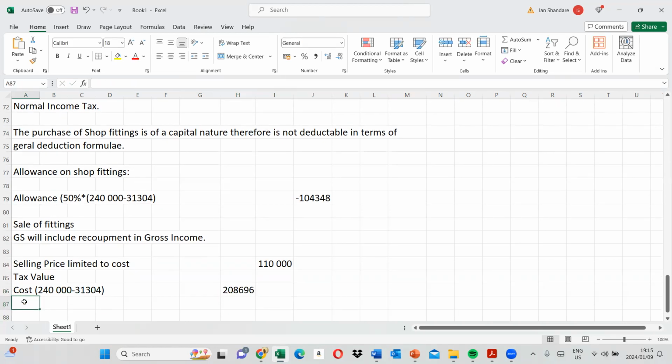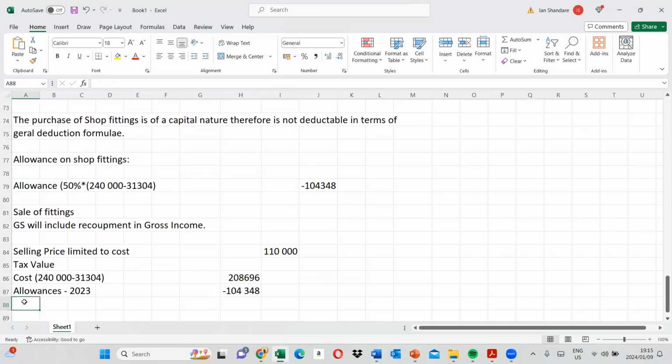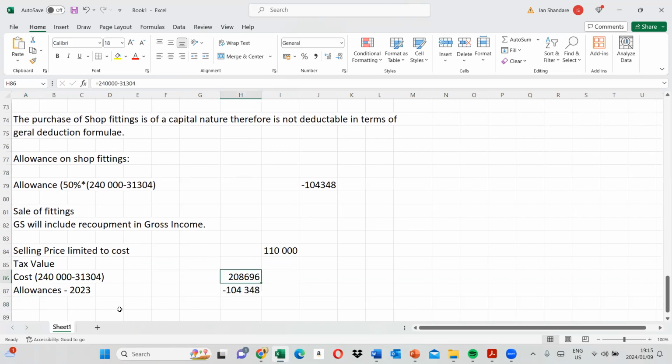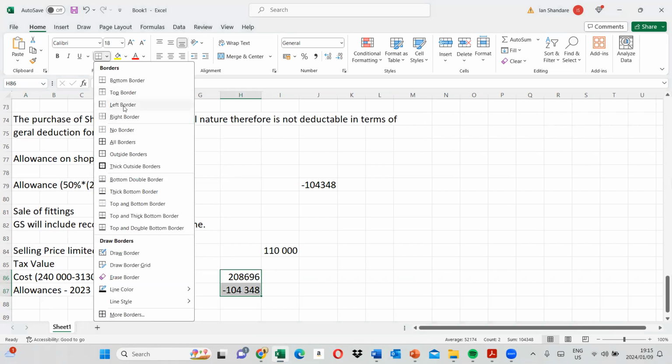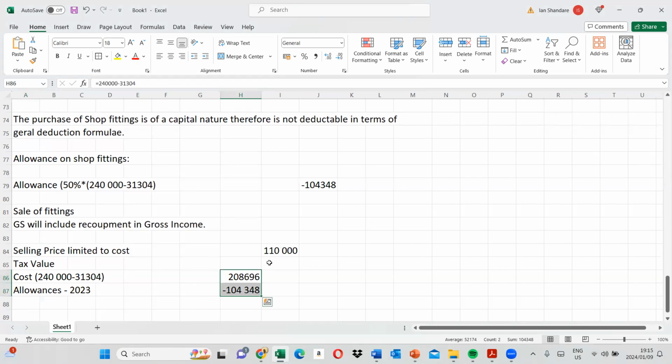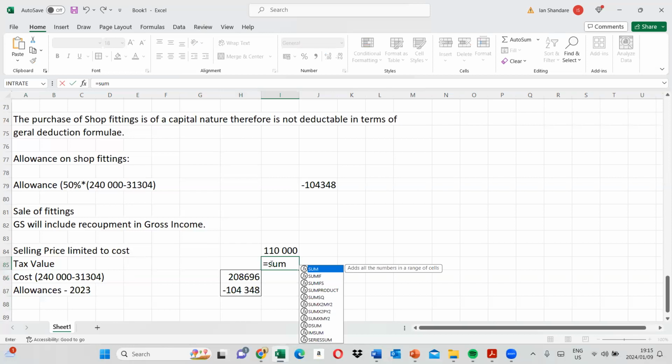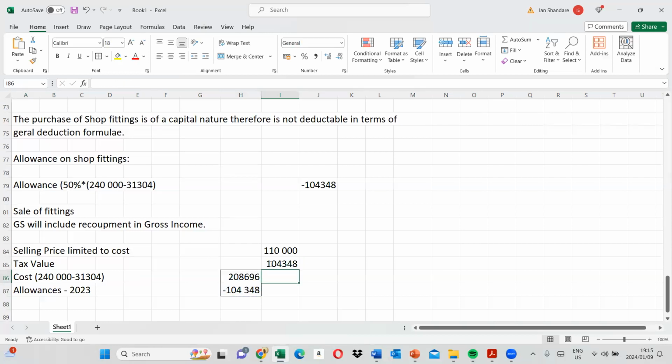And then allowances claimed in 2023. In this case, we only had one allowance, which was 104,348. So we net off these two amounts in order to get the tax value. That is our tax value.